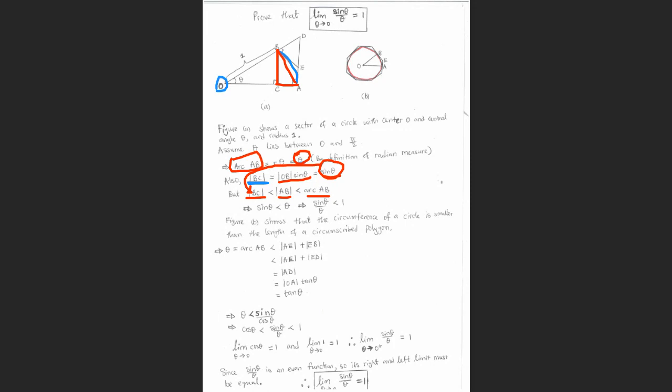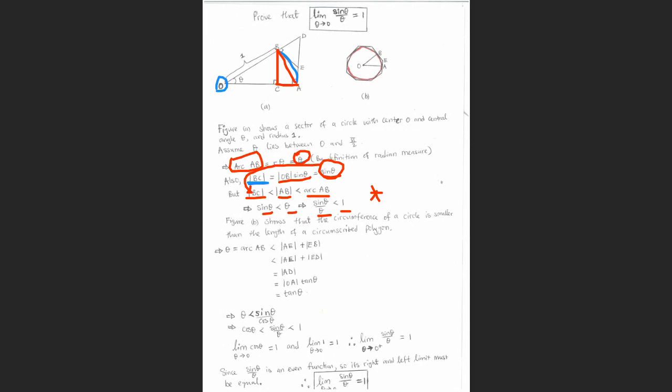So therefore, I've shown that sine theta is less than theta. And take note, because theta lies in the first quadrant, obviously it's positive, so I can divide both sides by theta, and I just have sine theta over theta is less than 1. This first piece there is very important. You should be able to get to that relationship. Sine theta over theta is less than 1. All right, let's keep going.